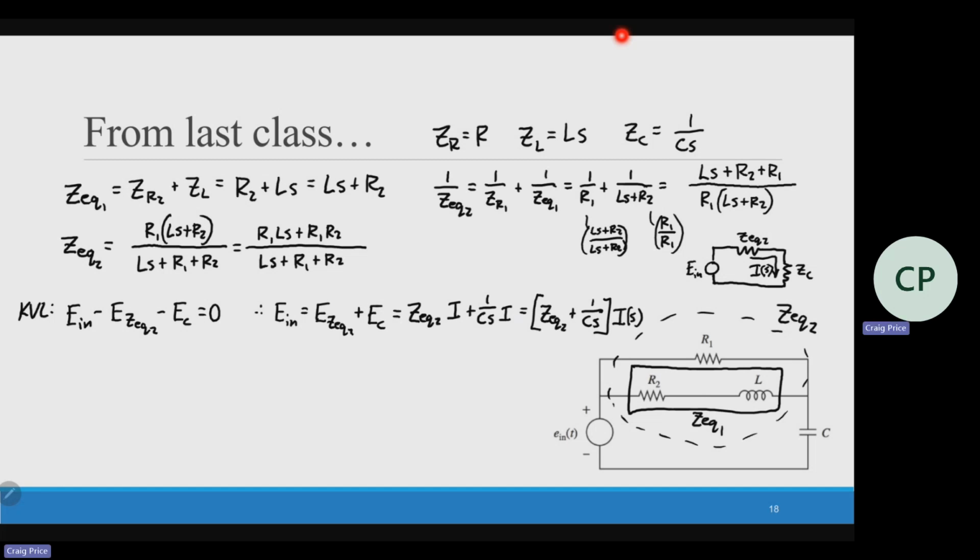That's what En is equal to, because it's really the total impedance. So I'm just adding these in series together. So I get Z equivalent plus 1 over CS. This gives me my total. You can think of this as total impedance.